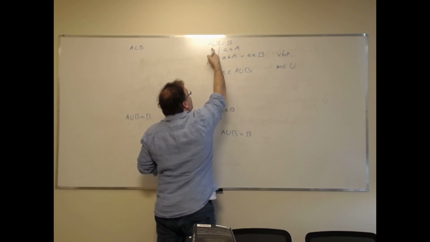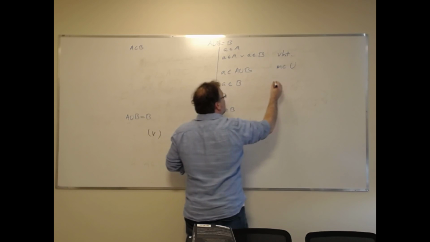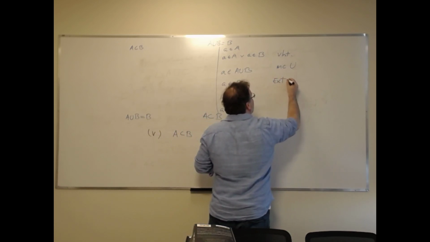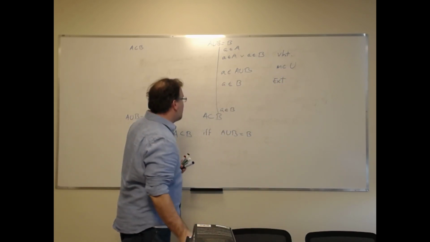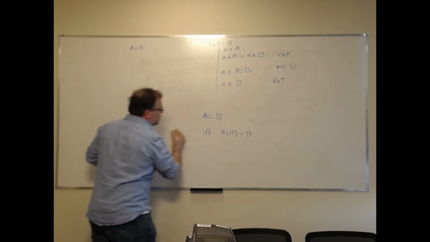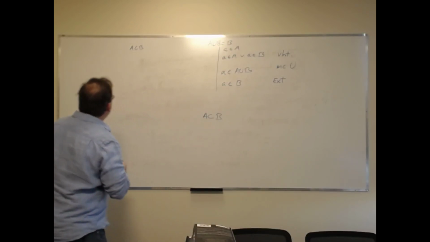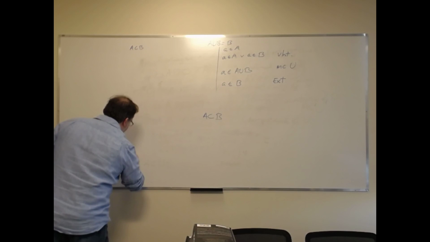But then since A union B is equal to B, it follows that it's in B by extensionality. And that's what we wanted, so we're done. That was easy. For the second one, I'm going to leave a little bit more room because we might need it.